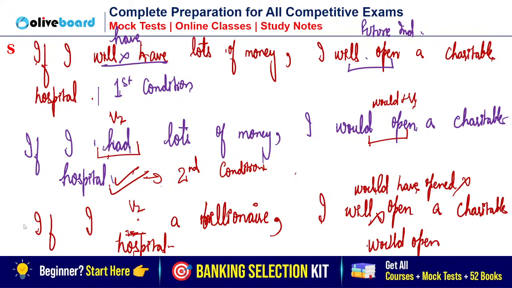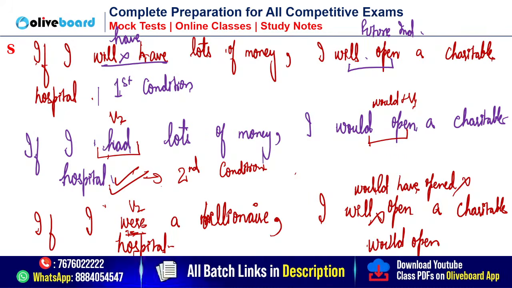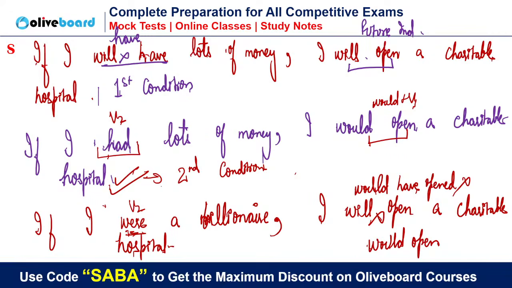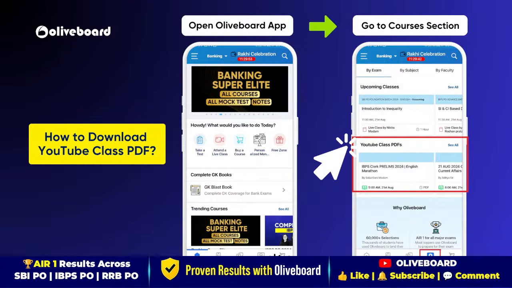You cannot say, "If I had billionaire." You cannot do that. Okay. So that is what I'm telling you, that when you feel that we can do it without changing the structure, preference is given to that. And usually with were, we follow the second condition only. So with this, we are done with our conditional sentences.